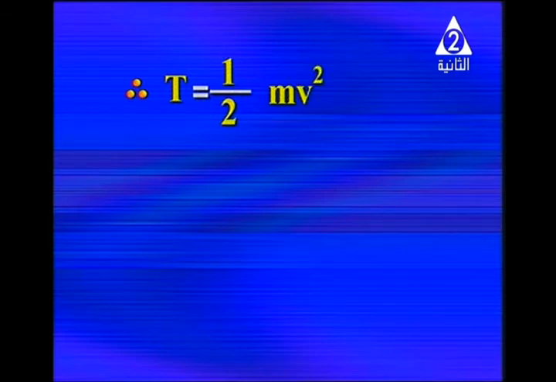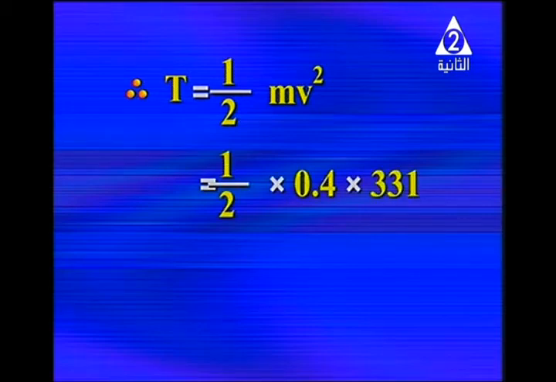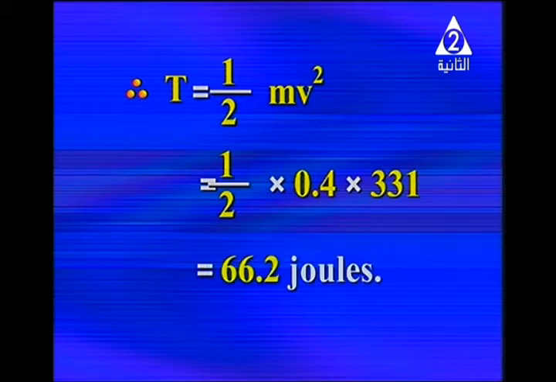Then the kinetic energy T equals half mv squared. What is the rule? Excellent student. Half mv squared. By substitution, m is 0.4 and v squared is 331, then the answer is 66.2 joule.